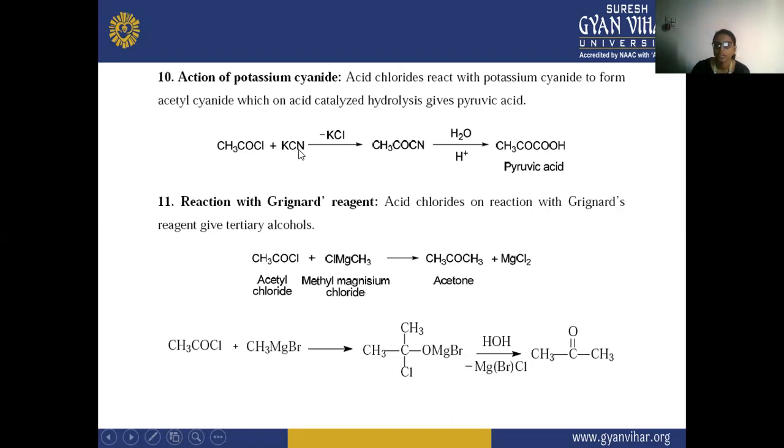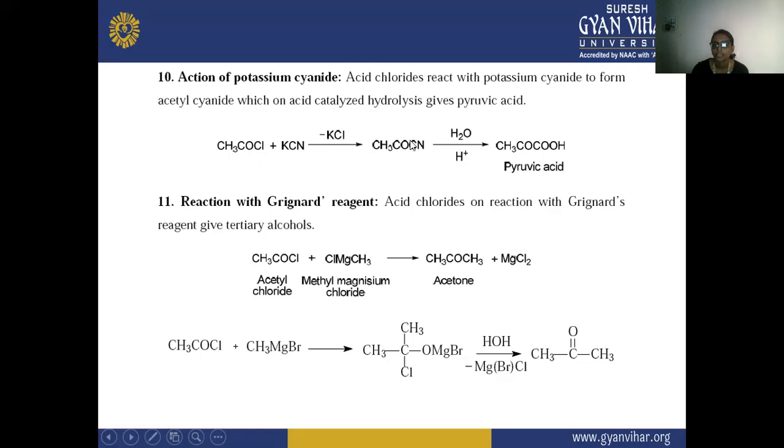So this partial negative CN will react with this CH3CO positive, and there is a formation of acetyl cyanide. The Cl negative will react with the K positive, and there is a formation of KCl, which is removed from this reaction.